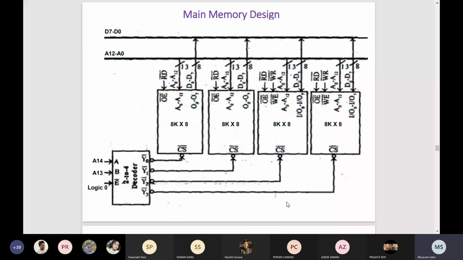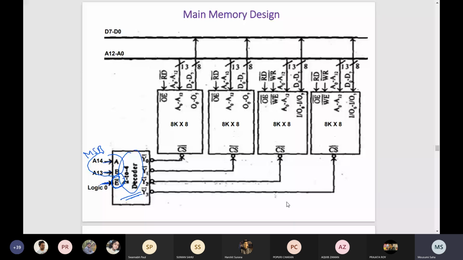Now see the diagram. This is the decoder circuit, and A13 and A14 we use for the inputs, and obviously this is the MSB, and this is the enable line, and you can give the ground value or logic 0 value here. I have already explained the function of the decoder circuit.